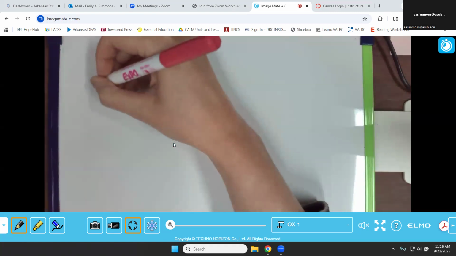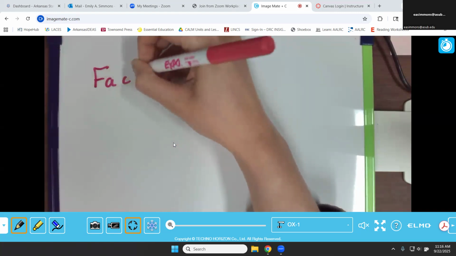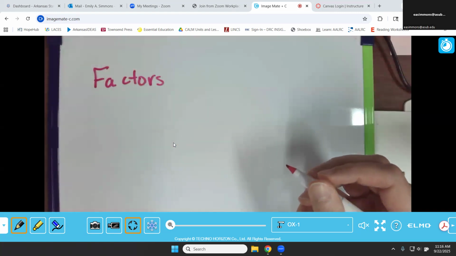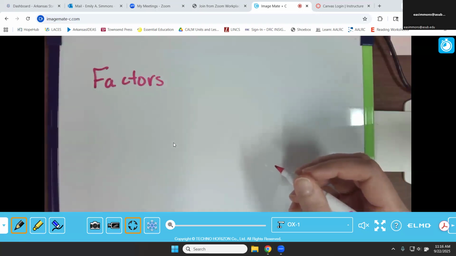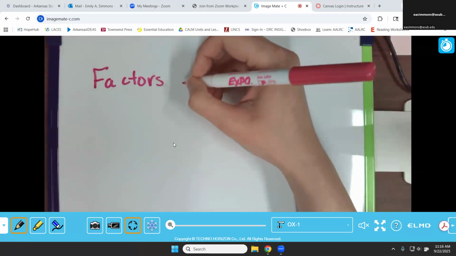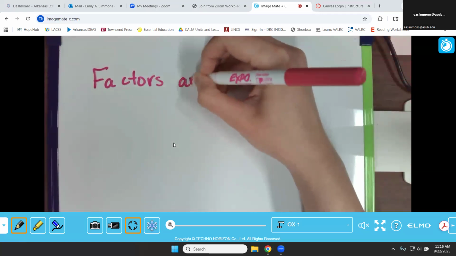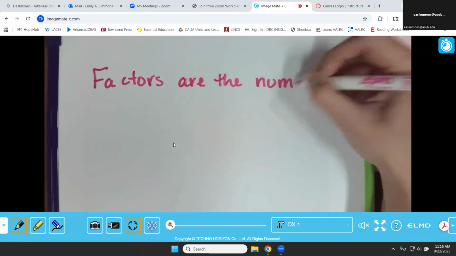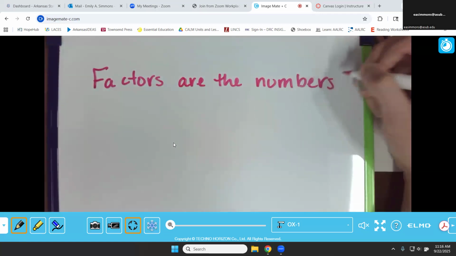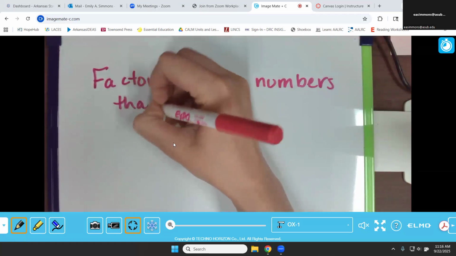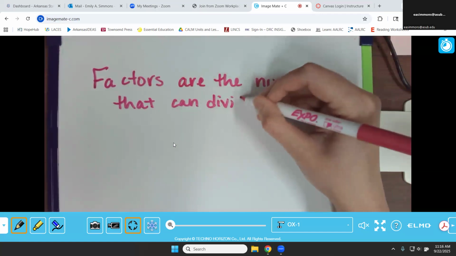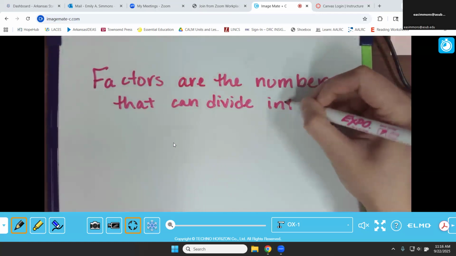So factors are numbers that can divide into whatever number we're working with, or whatever integer we're working with.